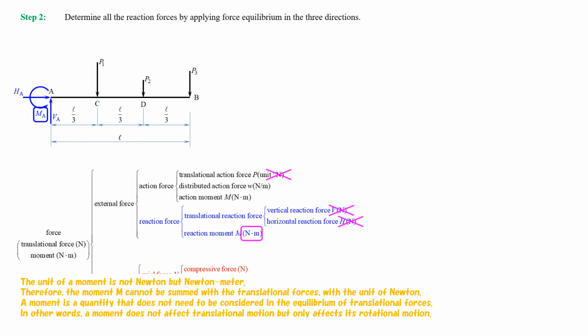Therefore, the moment M cannot be summed with the translational forces with the unit of Newton. A moment is a quantity that does not need to be considered in the equilibrium of translational forces. In other words, a moment does not affect translational motion, but only affects its rotational motion.